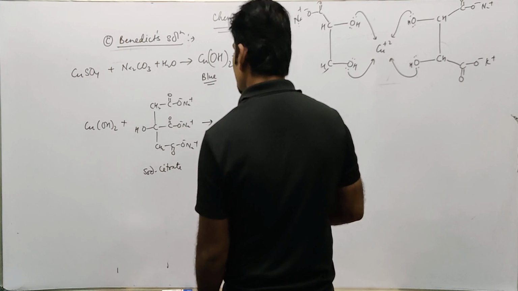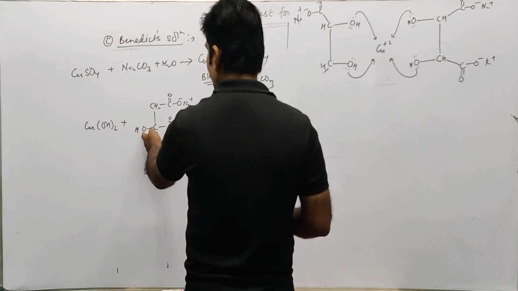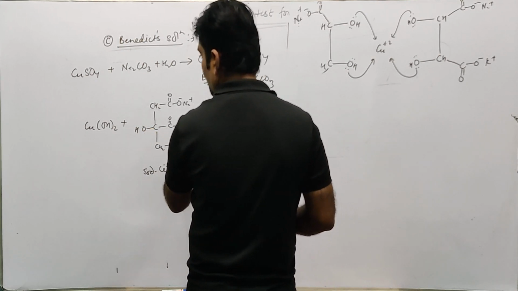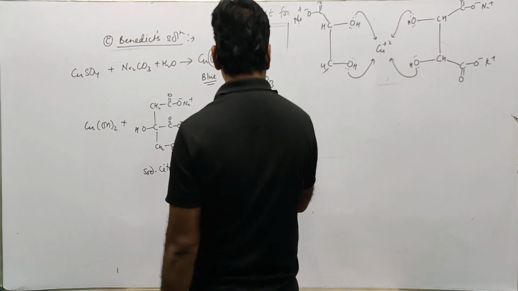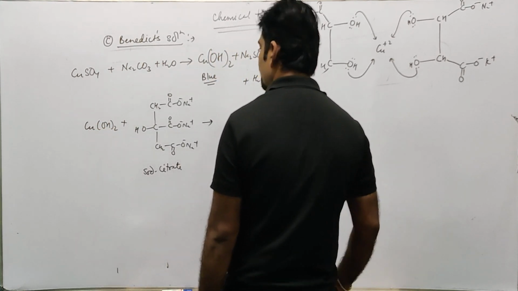Okay. If you want to draw the structure, you can do this. This oxygen and this oxygen will act as a ligand and complex with this copper 2 plus ion.